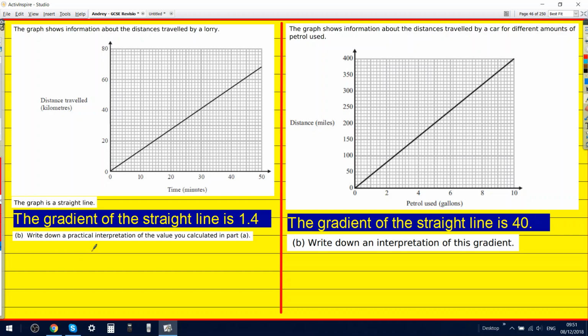Write down a practical interpretation of the value. Part A was just find the gradient. So what does this 1.4 represent? The speed. Yeah. So the speed of the lorry is 1.4, and what's the unit? Kilometers per minute. Yep. One on the right.